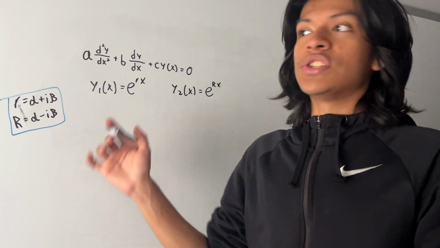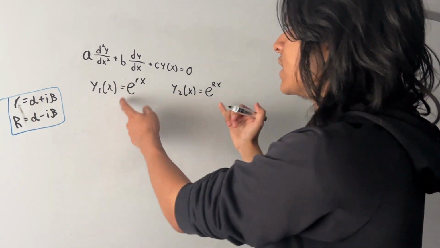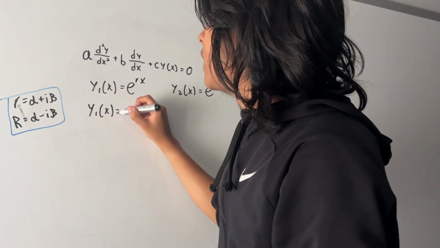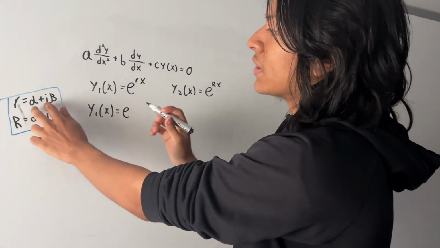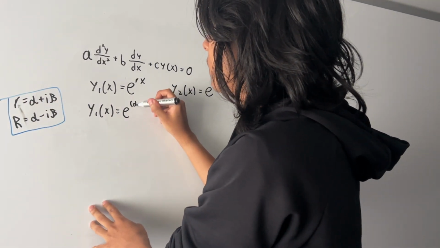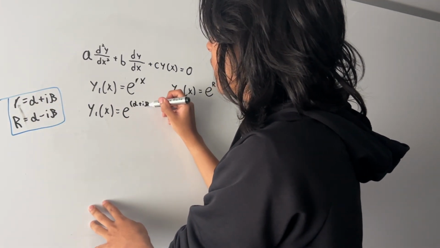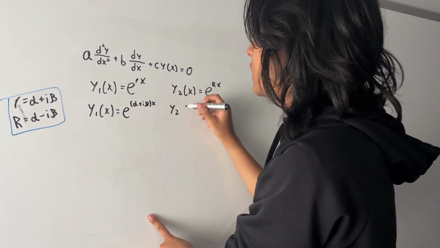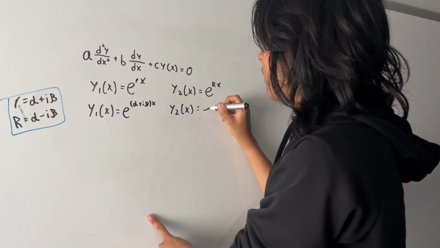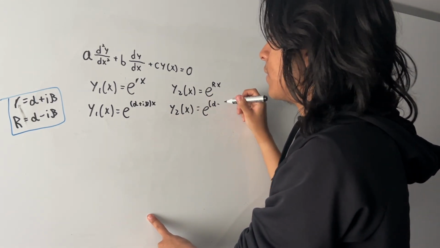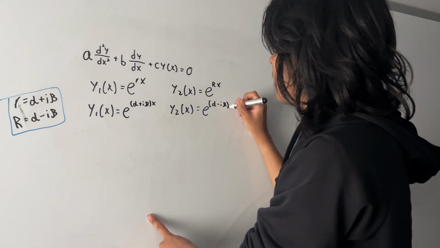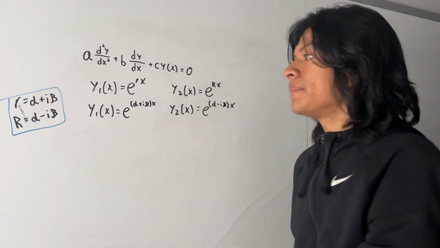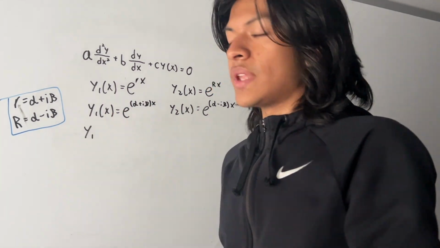What we could do is just plug this into these two different solutions. So we get y1 of x is equal to e to the alpha plus i beta of x. Same thing for here, with the capital R: e to the alpha minus i beta of x. Here, what we could do is expand it using the exponent identities.